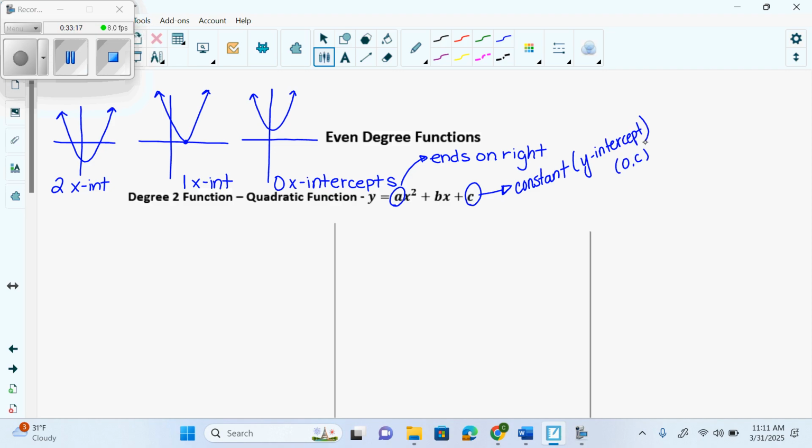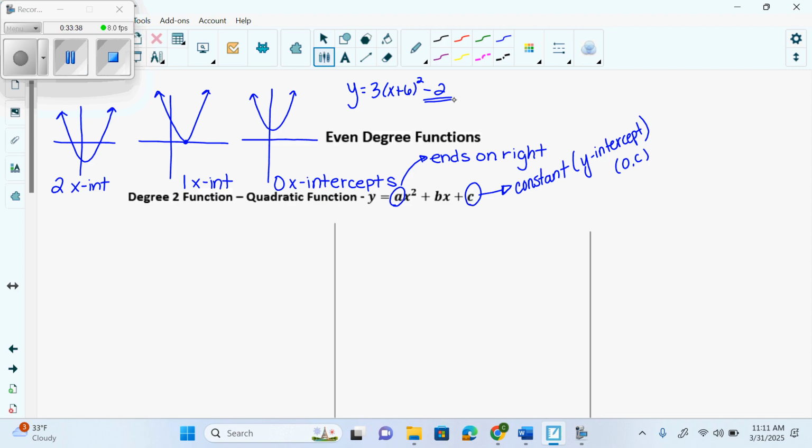Now, some people mess this up because they'll get an equation with a bracket in it, and then they'll say, oh, the number by itself is the y-intercept. It's not. This only works because this is in standard form. If I had something like y equals 3 times (x plus 6) squared minus 2, a lot of people want to tell me that's the y-intercept. That is not.